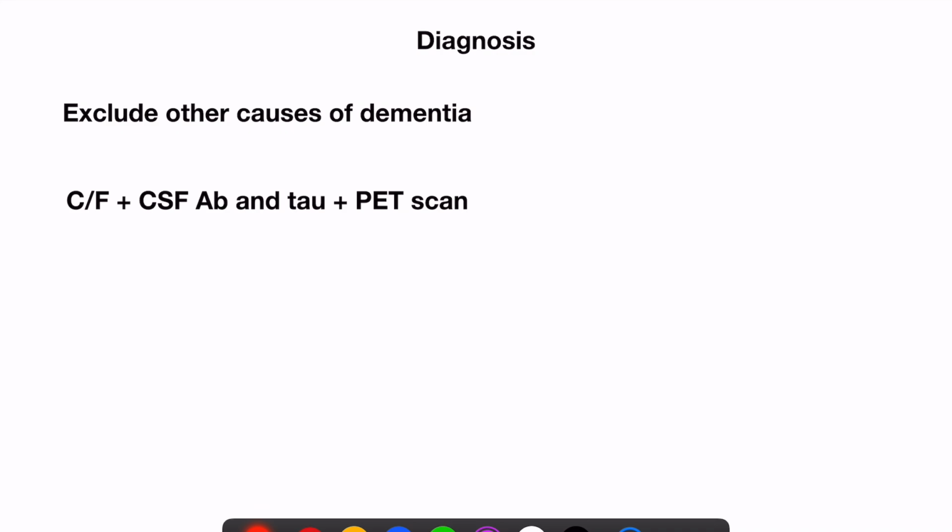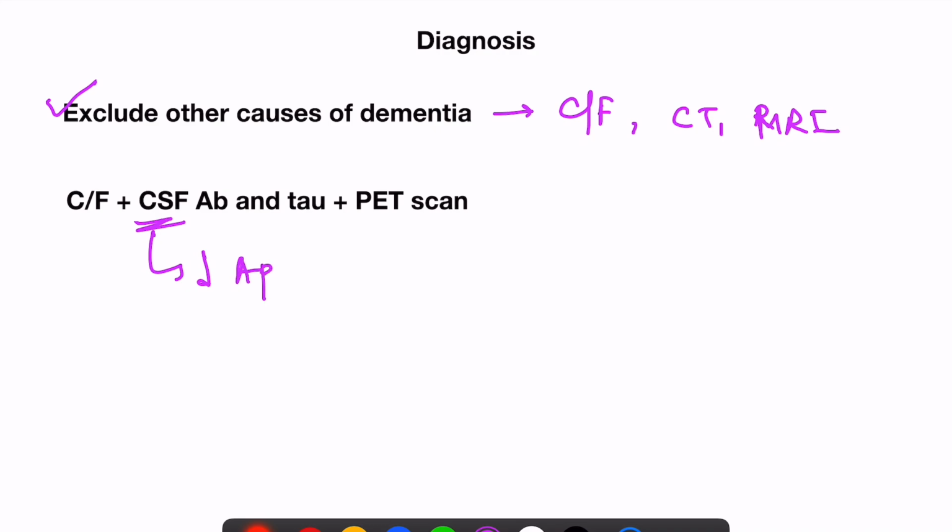So, first we have to exclude other causes of dementia, that is by clinical features, by doing radiological assessment, that is CT and MRI. And we can also look for the biomarkers in CSF. In CSF, decrease in A beta protein and increase in the levels of hyperphosphorylated tau. That is a sign of Alzheimer disease.